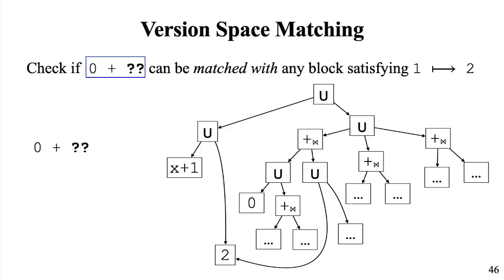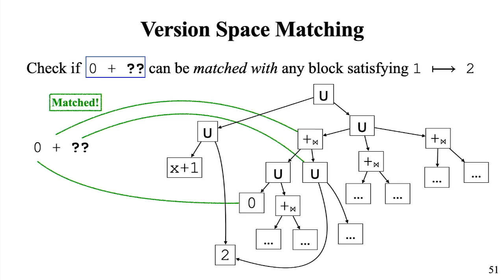And then we check if this partial expression can be matched with any blocks represented by the version space constructed before. Because the top-level function symbol is addition, we identify a join node with addition first, and we check if 0 can be matched with a block represented by its left child and find 0, and a hole can be matched with any expression. So the right child node is determined to be its counterpart.